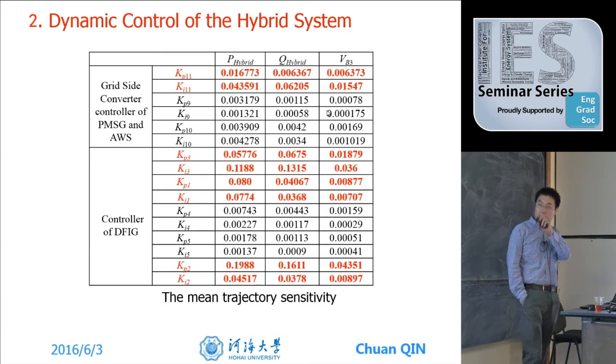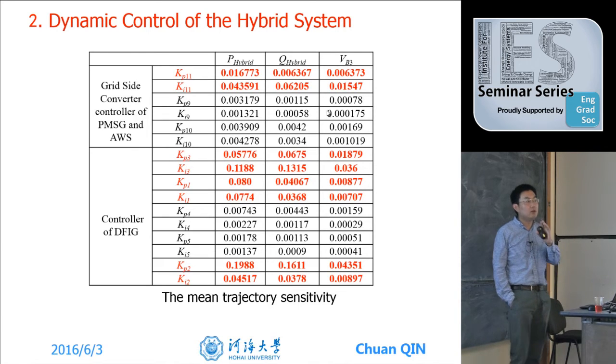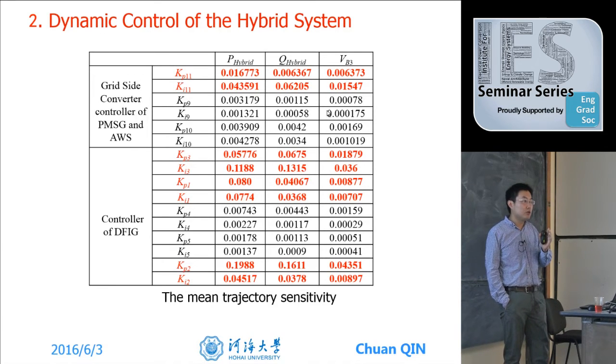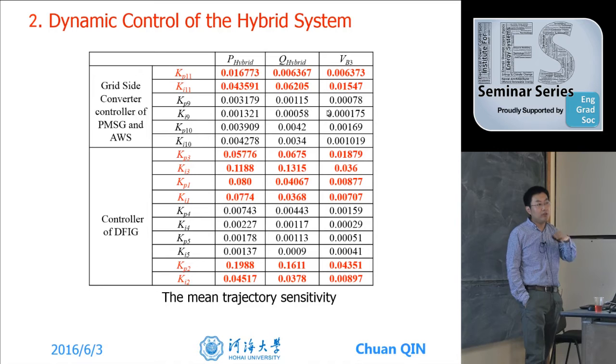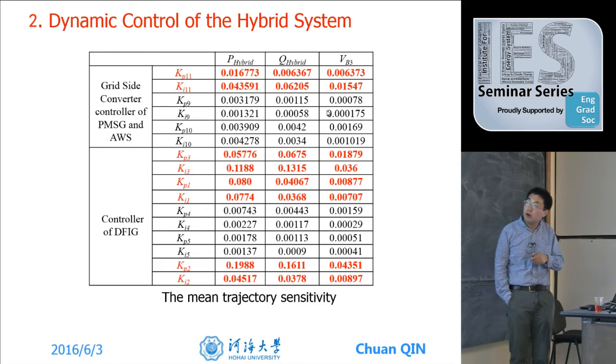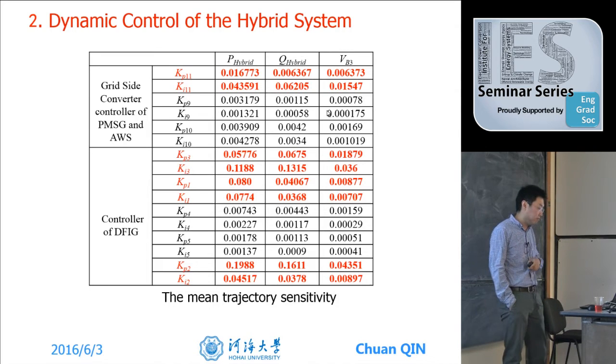Because the AWS and the tidal turbine are buffered by the DC link, so the inertia cannot be seen from the grid side. If you calculate the sensitivity, you can find that the sensitivity of the other 6 parameters is very small. So they only have 16 parameters.